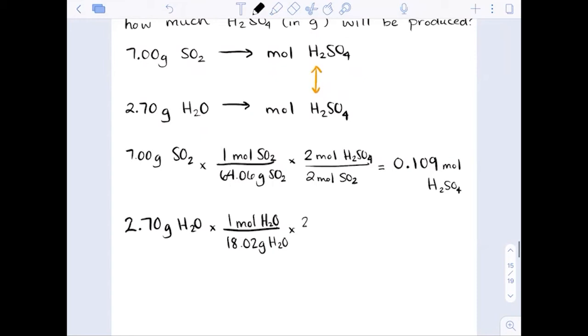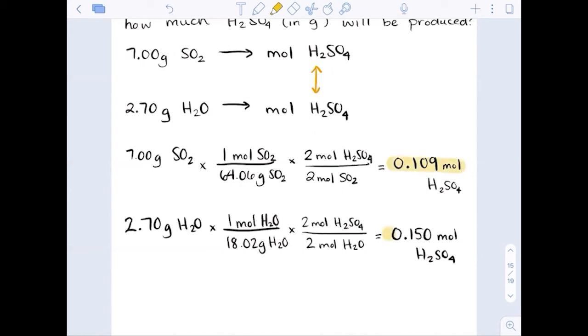Makes it nice and easy. You can also use the 1-to-1. You can reduce that ratio if you wish. I like to keep it just the same, again, so that my eyeballs don't have to do so much work. And we get 0.150 moles of H2SO4.